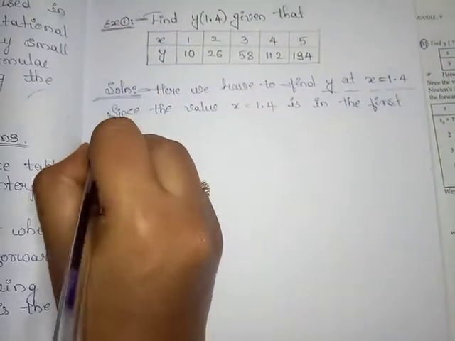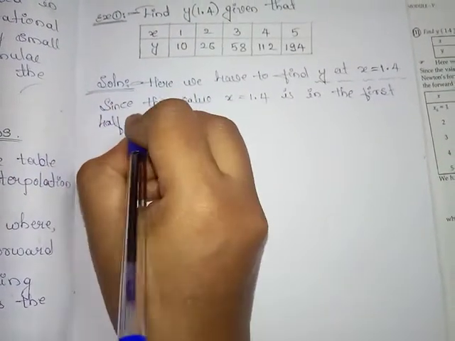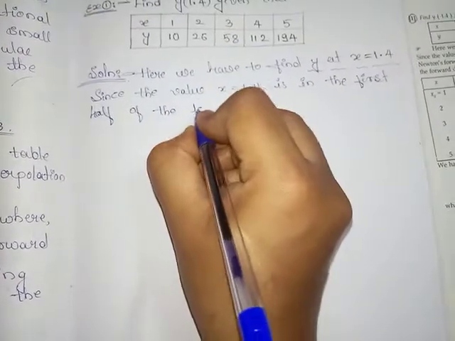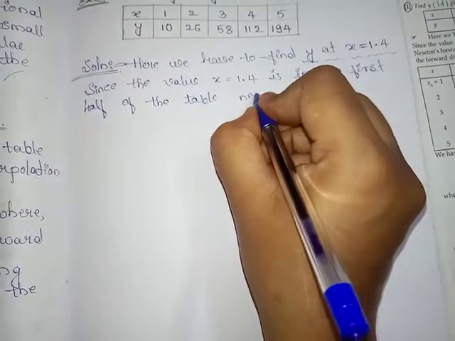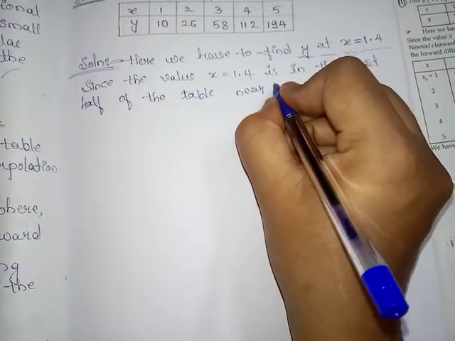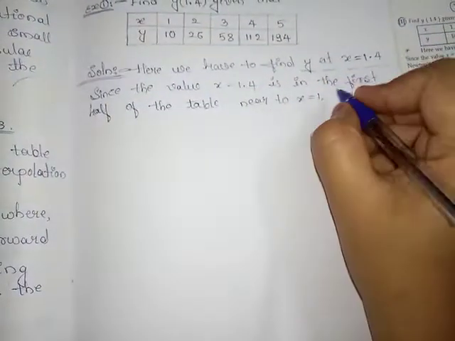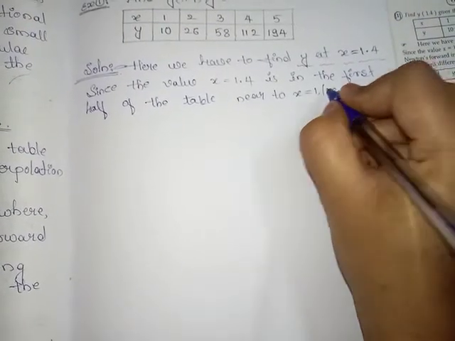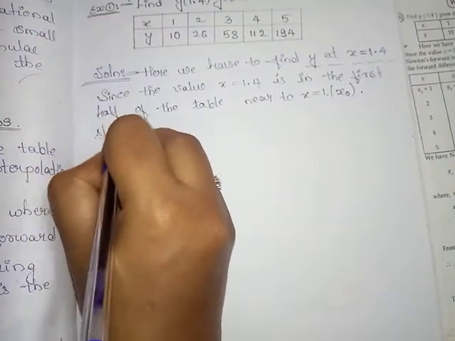This x is equal to 1.4 lies in the first half of the table and it is near to x is equal to 1, means x naught.